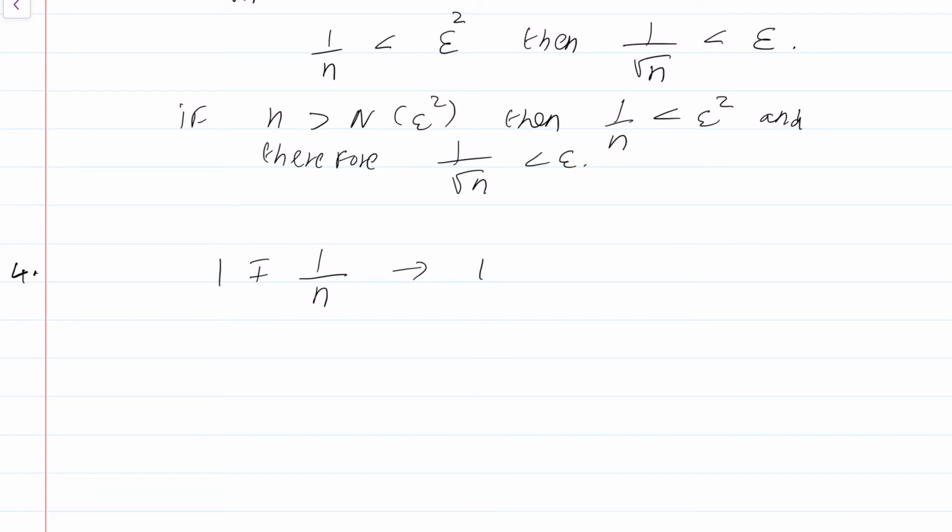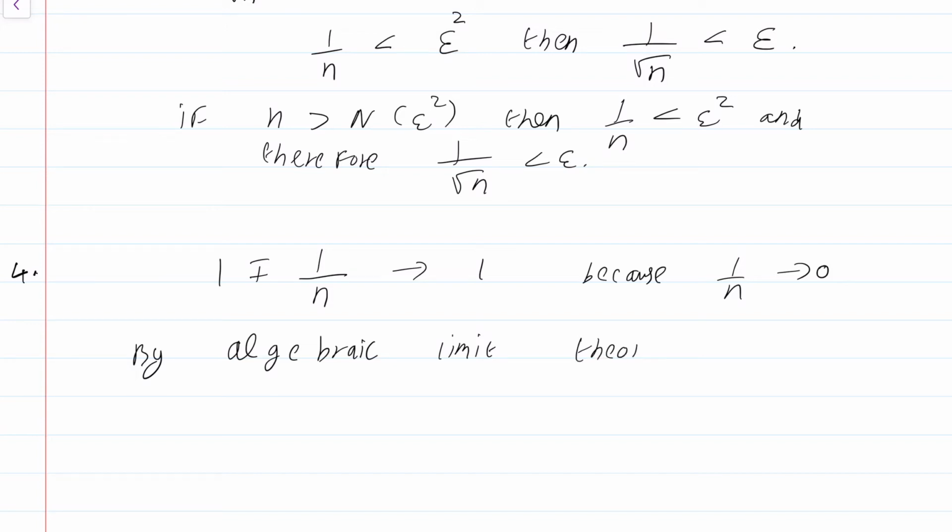Why is that the case? Because 1 by n converges to 0, and we can use the algebraic limit theorems. So the sequence 1 plus or minus 1 by n converges to 1.